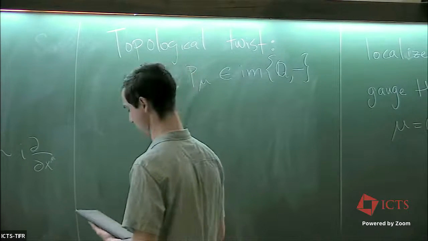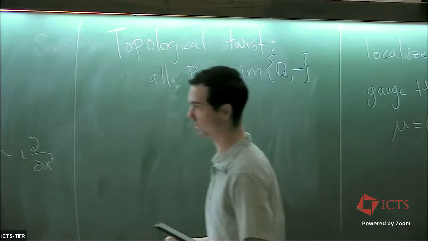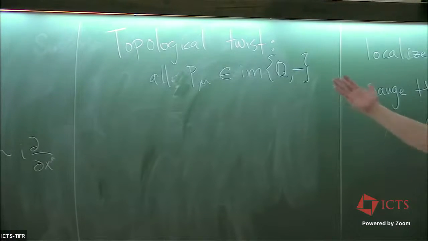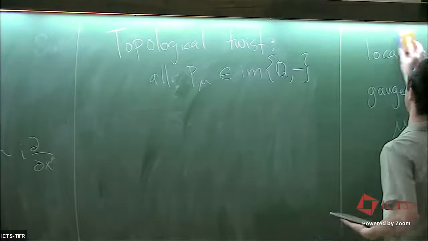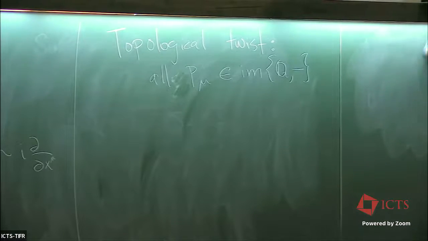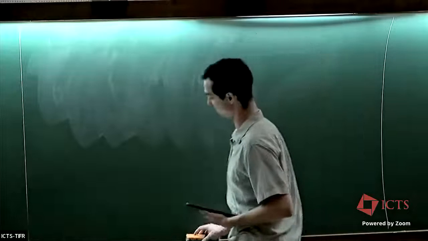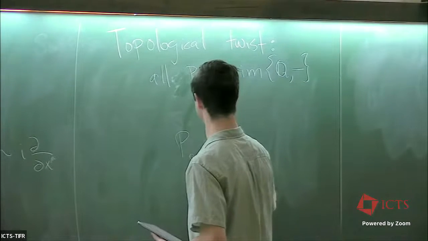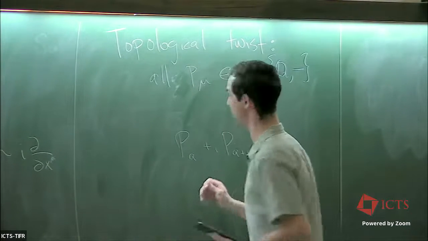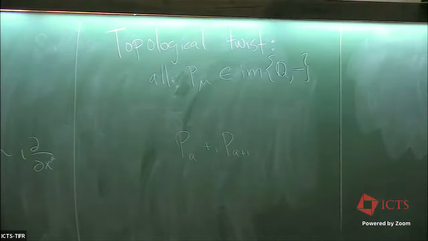And then I guess for completeness, I'll also mention, but I won't write down, there are more general settings than just topological twists. We can imagine that this image isn't all of the P_μ. The general situation is where we actually have some set of P_μ being Q exact, and other P_μ only are Q exact in some complex combination. So you'll have something that looks like P_a plus i P_{a+1} being Q exact rather than the P_μ by itself.